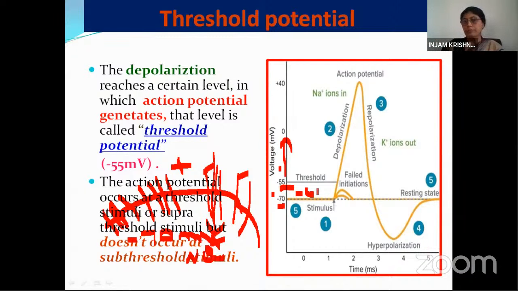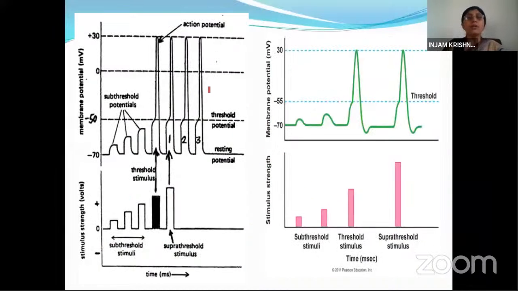After the generation of the action potential, after the depolarization is reached, what will happen to the membrane? Here I want to explain again with this diagram. See, in between, these are the sub-threshold levels, minus 70 to minus 55.